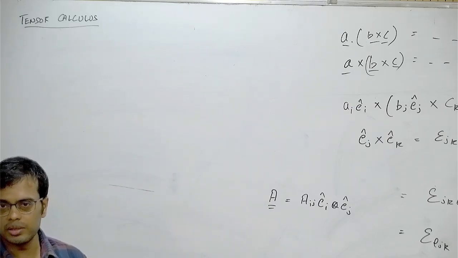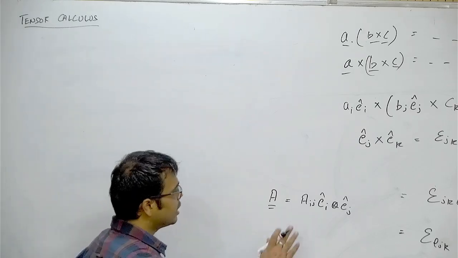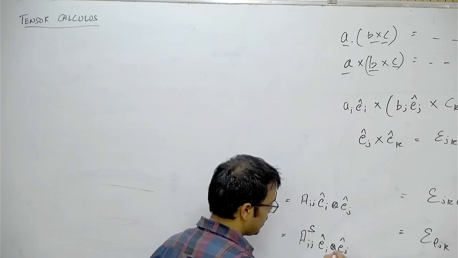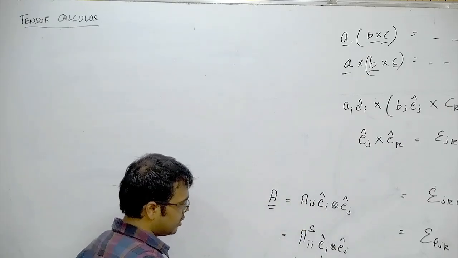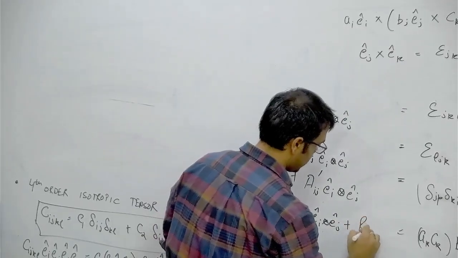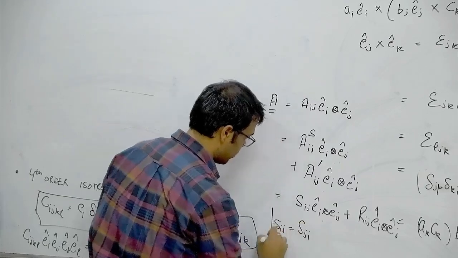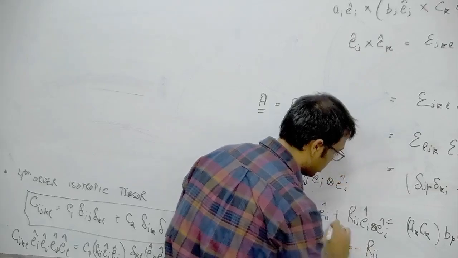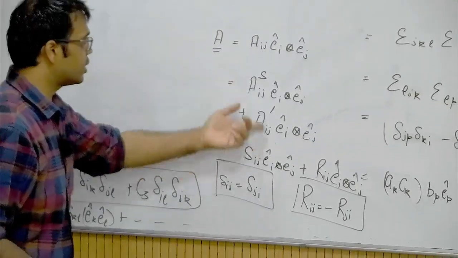Then just like it is possible to break a square matrix into symmetric and anti-symmetric components, it is possible to write this as Aij^s plus Aij prime, or you can think of it as Sij e hat i tensor e hat j plus Rij, where Sij equals Sji, your symmetric second order tensor, and Rij equals minus Rji, your anti-symmetric second order tensor. It is possible to break a second order tensor like this.